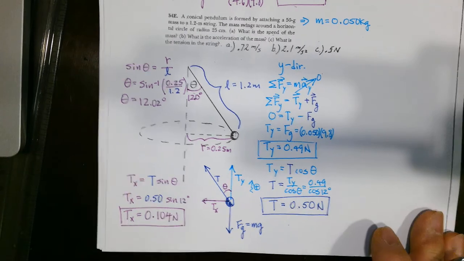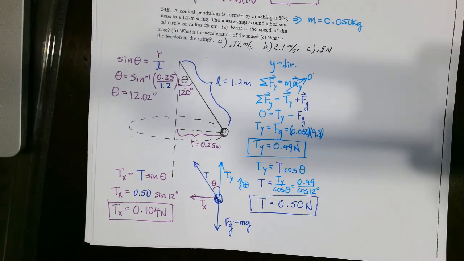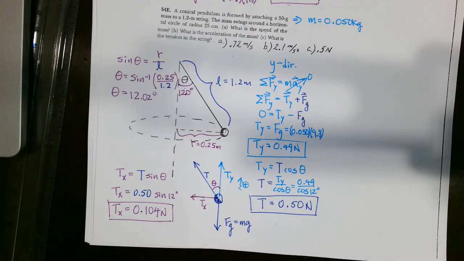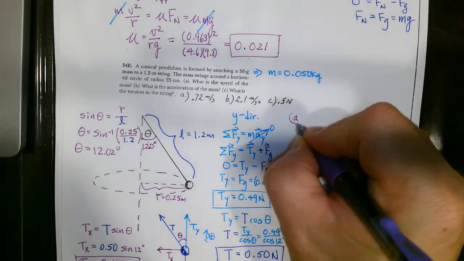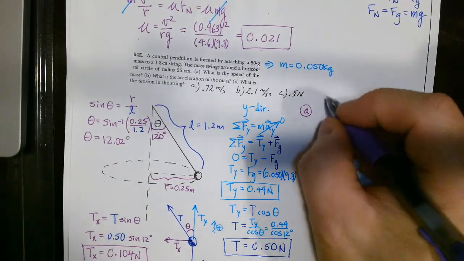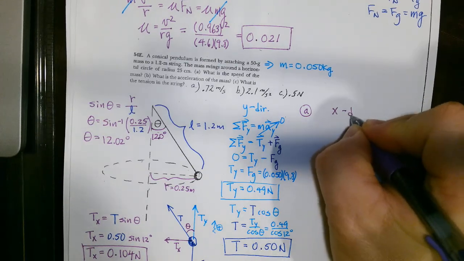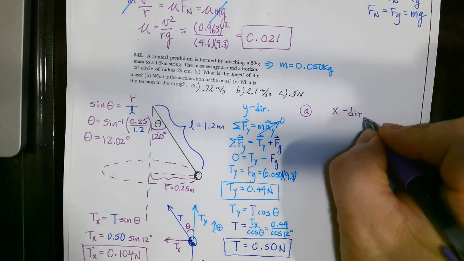All right, now I think I have all the ingredients to figure out rest of this problem. Okay? So for part A, they're asking what is the speed of the mass? Well, they want to know what v is. So for part A, say we look in the x direction now, or the radial direction, okay?